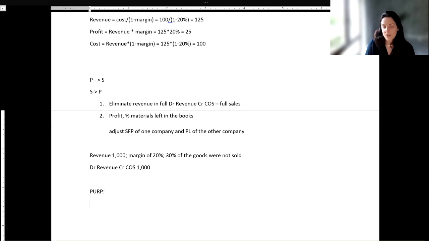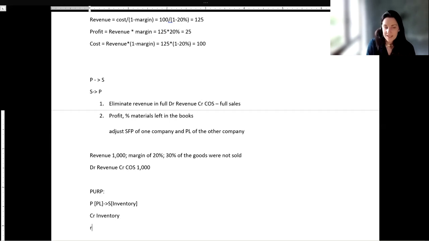For the provision for unrealized profit, if it is parent that sold to subsidiary, then this means that parent recorded income, P&L, and subsidiary included inventory. So the adjustment that we are going to make is we are going to adjust inventory because inventory is overstated now, so we need to credit inventory.